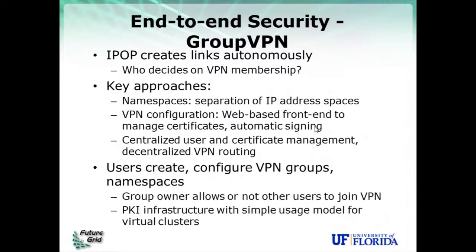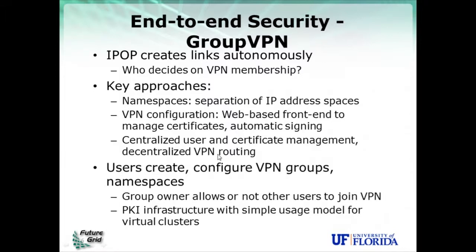And the key approach here is that we build upon the namespace abstraction that we saw earlier, which separates IP address spaces. And for the configuration of the endpoints with VPN security credentials, we use a web-based front end to automate the process of signing certificates for the end users.